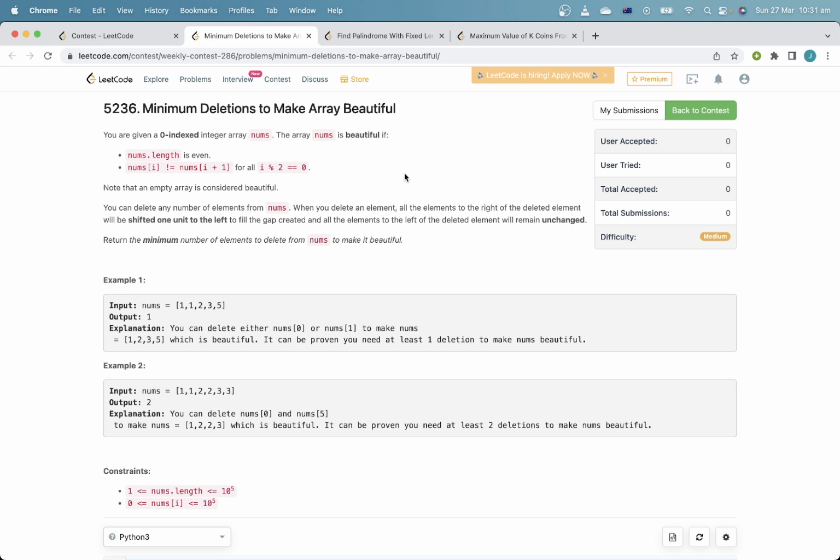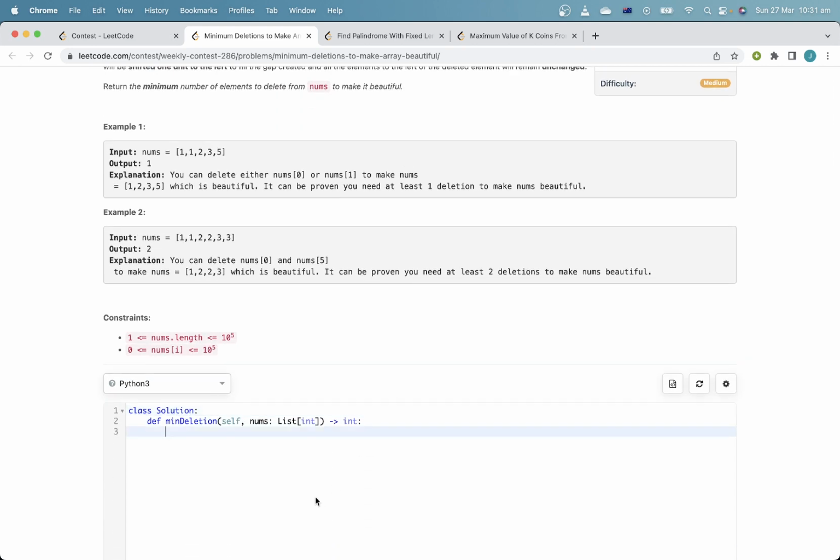Oh, interesting. Okay. And this seems like a greedy question. Range. Else if select i.